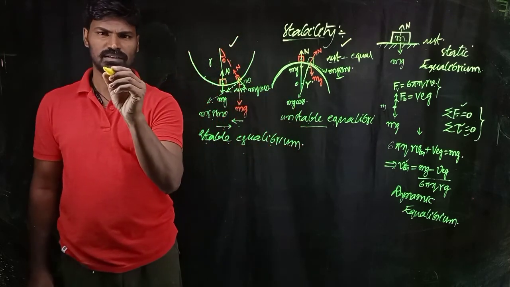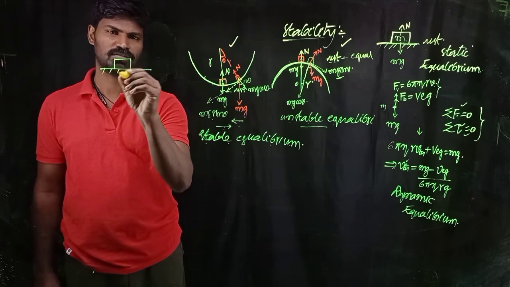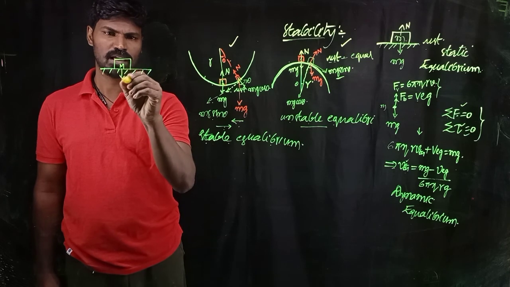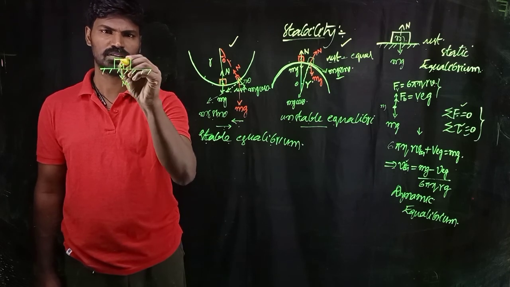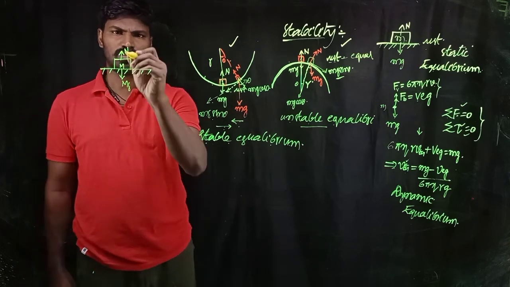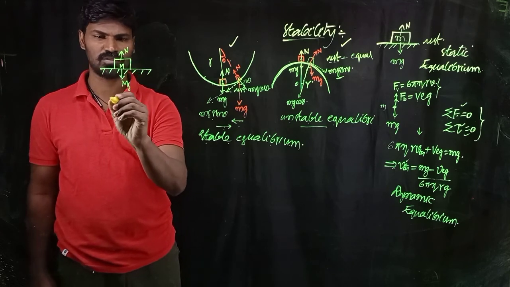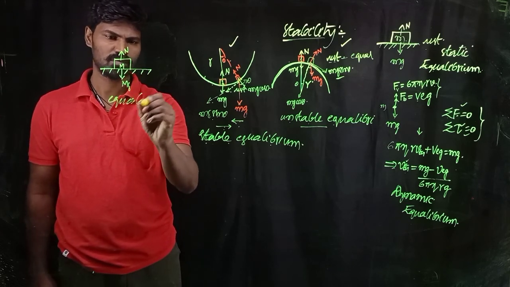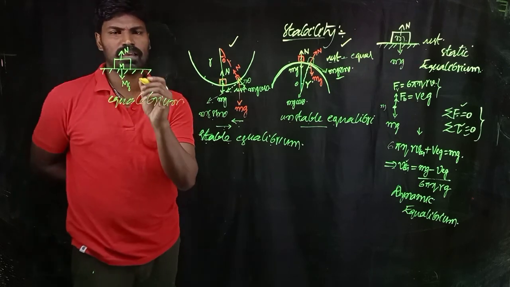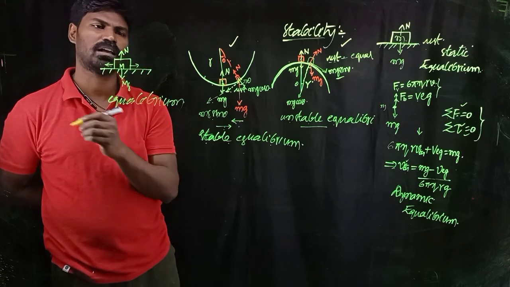I am considering this third case in which an object is lying on a flat horizontal surface. If the mass of the particle is m, mg is downwards and the normal reaction is upwards. So this upward force and downward force cancel each other, because of which it is again in equilibrium. But if I slightly disturb this body either to the right or to the left, what happens?